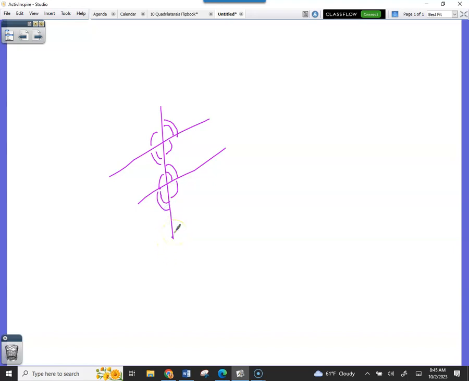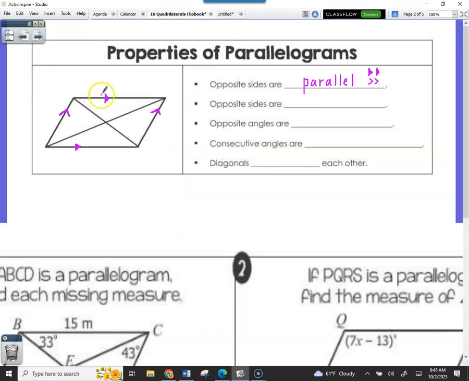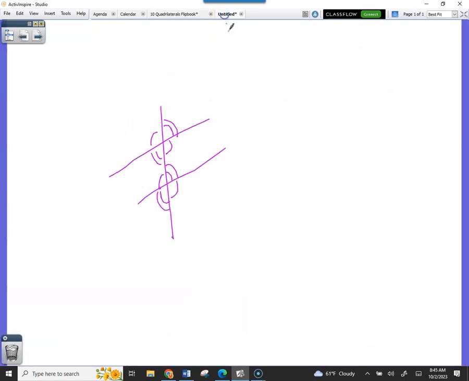That is going to come into play because we have parallel lines, and then this diagonal is deemed a transversal. And then if you turn your head sideways, you have another set of parallel lines, and then here's a transversal. So those angles that we talked about a couple weeks ago are going to come into play. The most popular one that you're going to see is alternate interior angles.